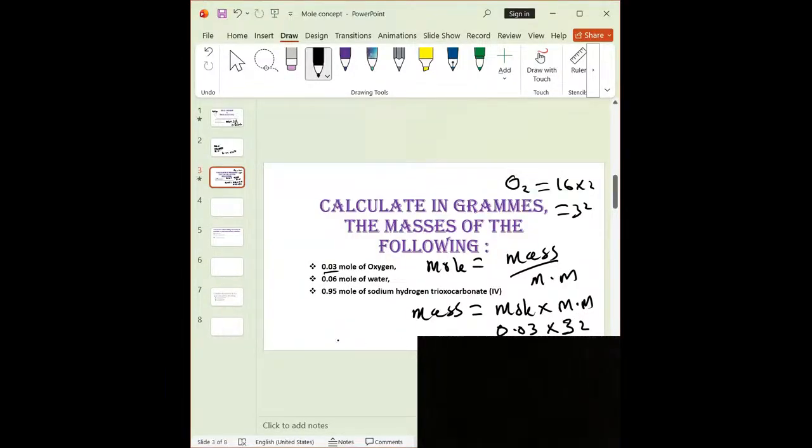That means the mass here is equal to 0.96 gram. That's it.